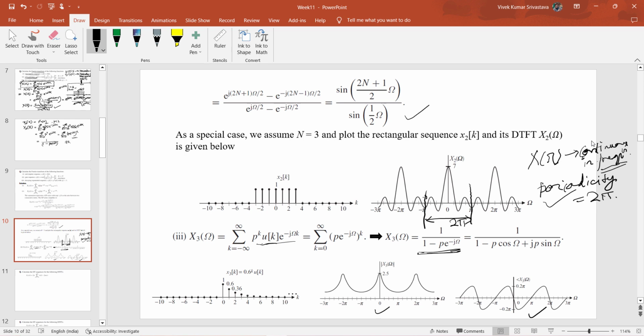Similarly, for this decaying exponential signal, you can see that the period has a value of 2 pi here also. That means for the Fourier transform, whether discrete or continuous, the period is 2 pi.